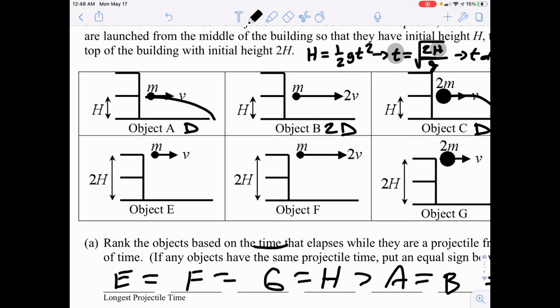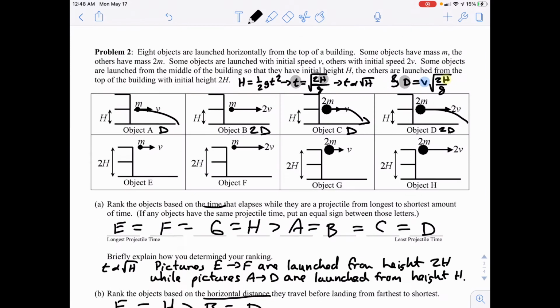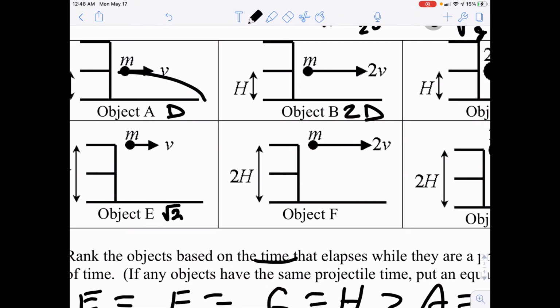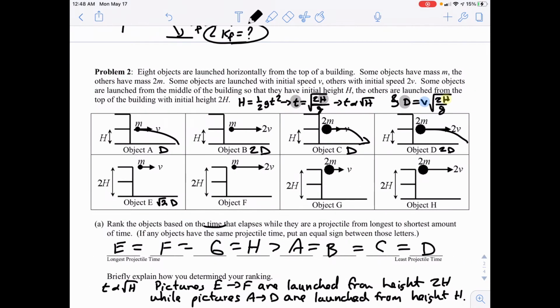Okay, for object E, you may be going V, but you're doubling the height. Now, if we double the height, that means it's going to be the square root of 2 times the distance. So the square root of 2 times the distance is a little bit less than 2 times the distance. It's going to be about 1.41.